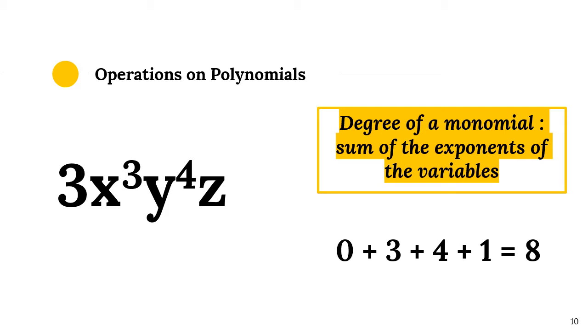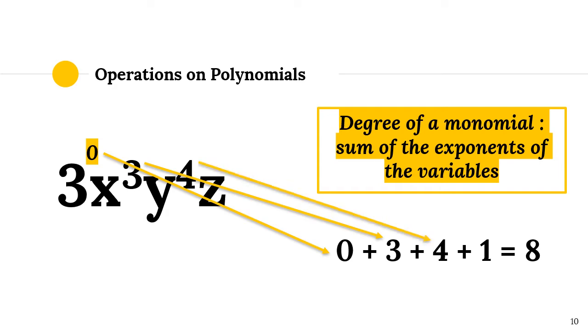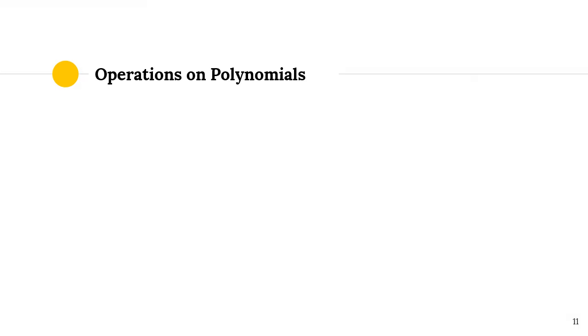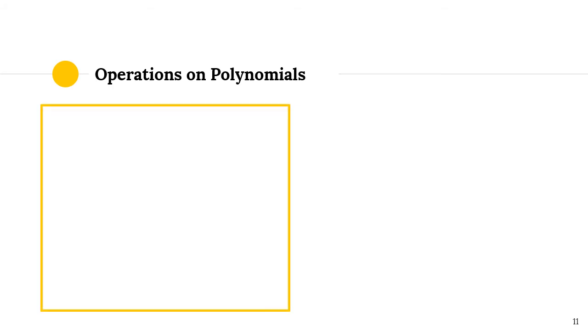So we have 0 plus 3, that's the exponent of x, plus 4, the exponent of y, plus 1, the hidden exponent of z, equal to 8, and 8 is the degree of this monomial. Again, the degree of 3 is 0, the degree of x is 3, the degree of y is 4, the degree of z is 1 because its exponent is 1. Therefore, the degree of the entire monomial is 8.